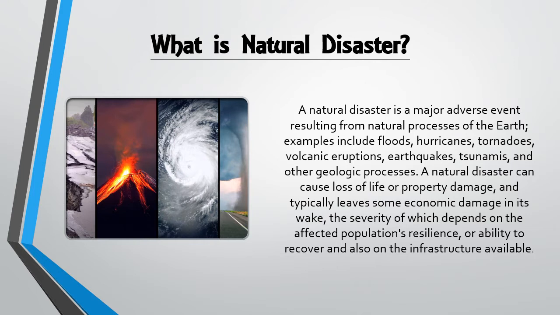Examples include floods, hurricanes, tornadoes, volcanic eruptions, earthquakes, tsunamis, and other geologic processes. A natural disaster can cause loss of life or property damage and typically leaves some economic damage in its wake, the severity of which depends on the affected population's resilience or ability to recover and also on the infrastructure available.